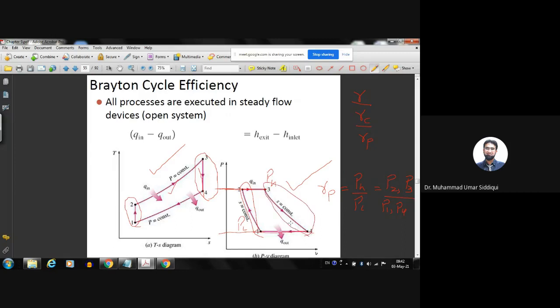So for the compressor, W is equal to m dot (h2 minus h1). For the turbine, this is from chapter number 5.